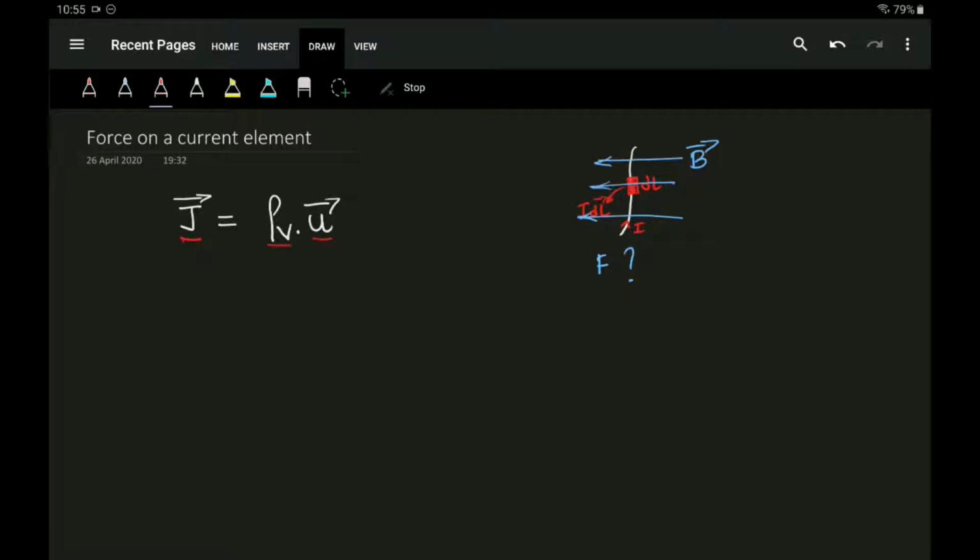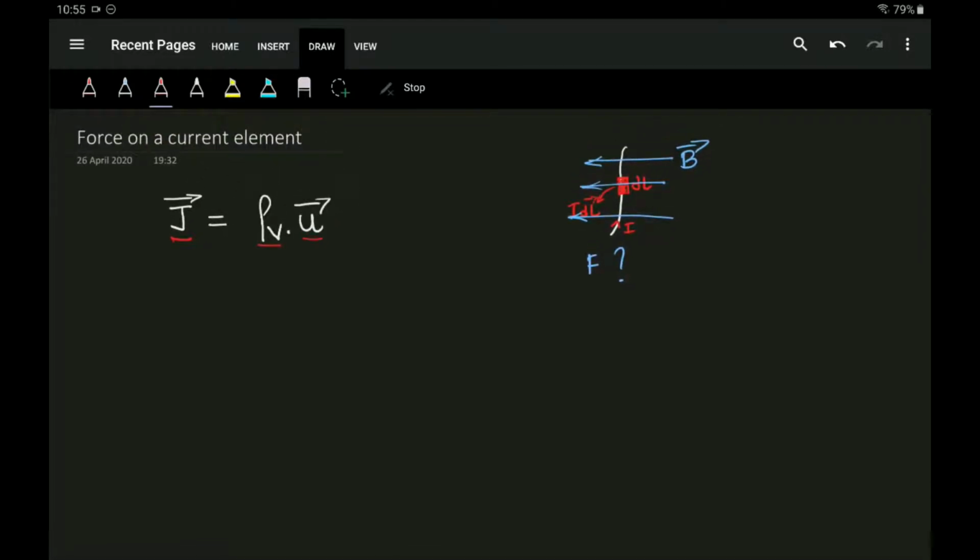Fine. So how do we relate this to force? If you recall the very beginning of the session, we had discussed different current distributions. Can you remember? If you remember, pause this video and write down those current distributions. If not, I'll help you out.